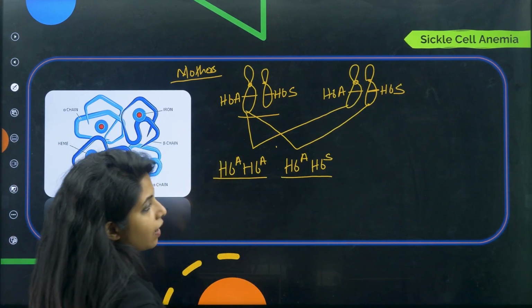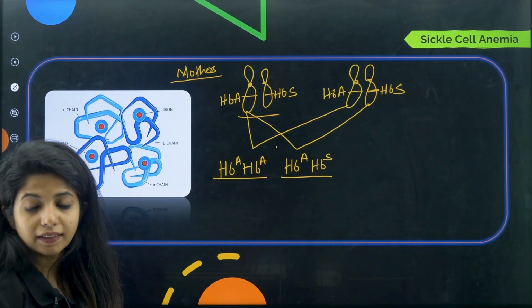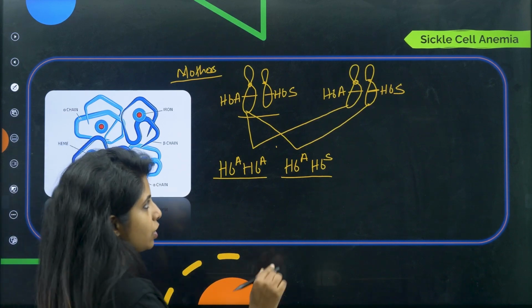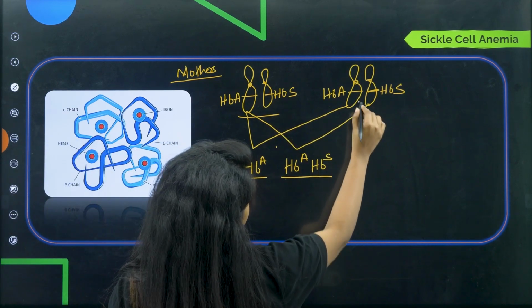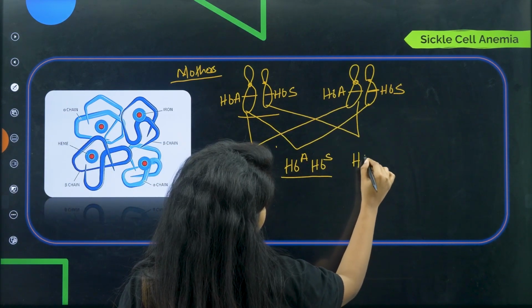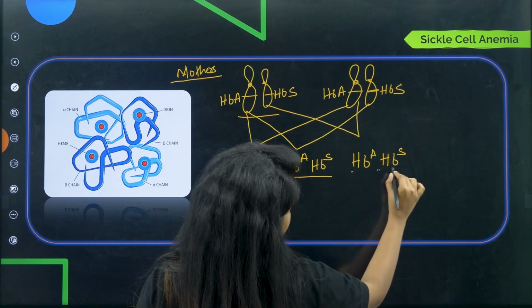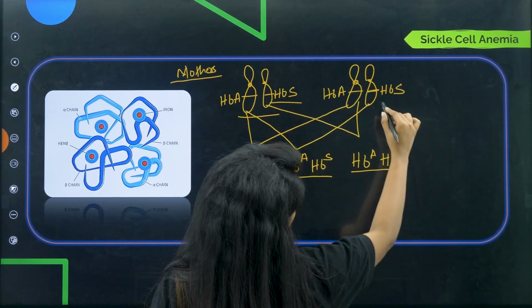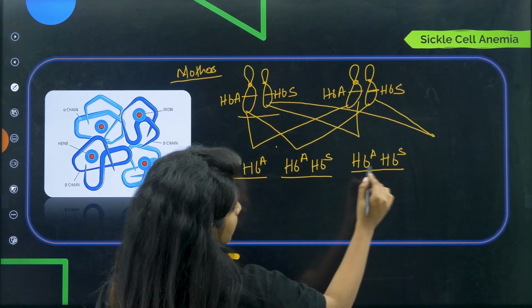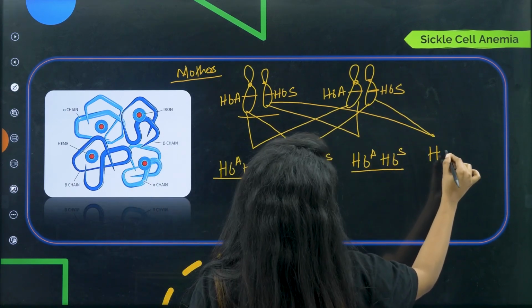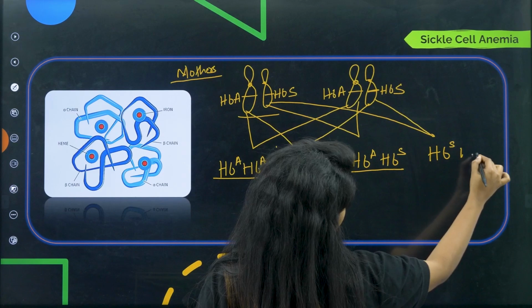Does this person have sickle cell anemia? Do you think that they have sickle cell anemia? You tell me the answer. If I fuse this with this, I get HBS and HBS.